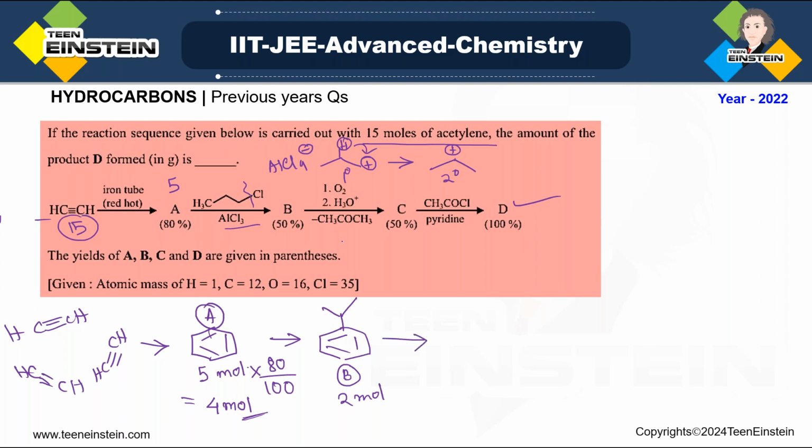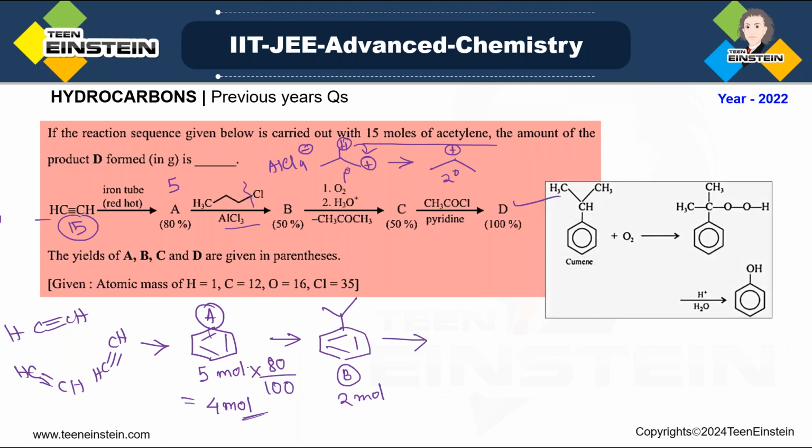Next reaction is oxygen in presence of H3O plus, then CH3COCH3. Now I am just showing you this reaction. This molecule is known as cumene, which in our case is B. When you treat it with oxygen and finally water medium, acidic condition, first 2 oxygen atoms are inserted between this carbon and hydrogen, that is this C-H bond, and a peroxide type of linkage will be there.